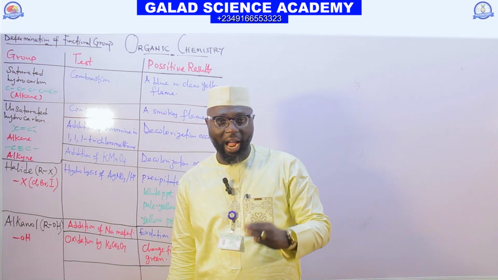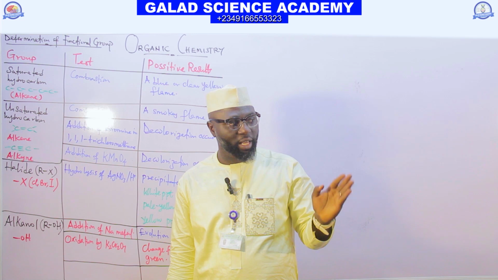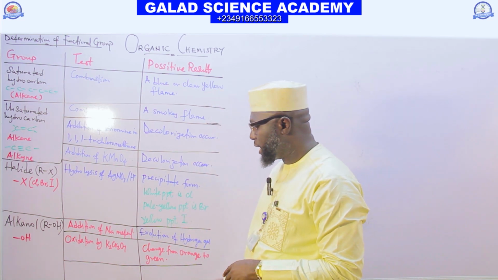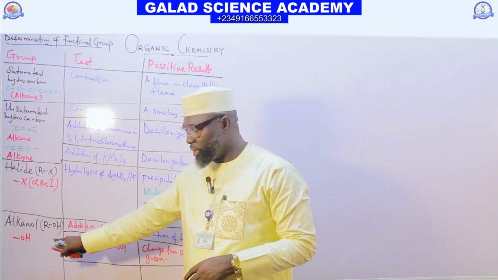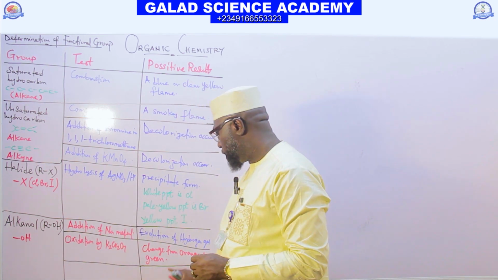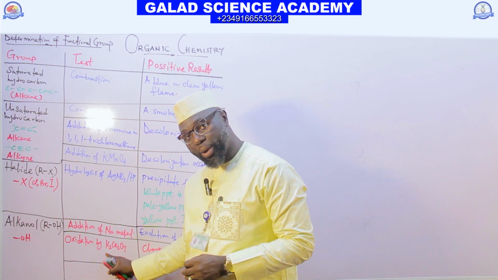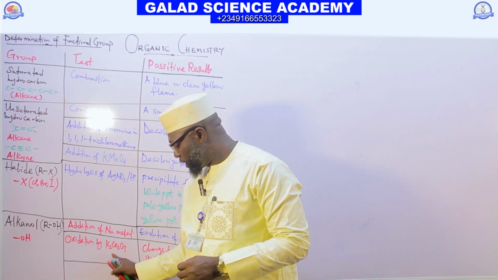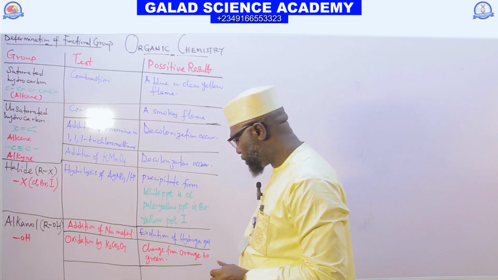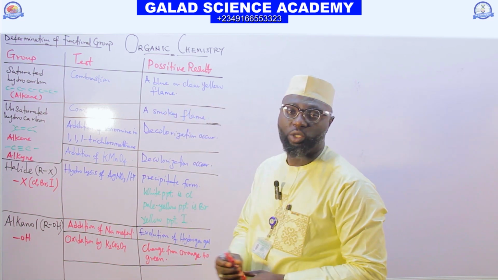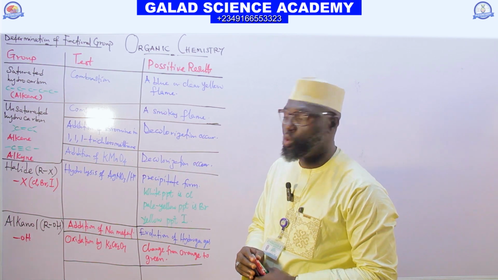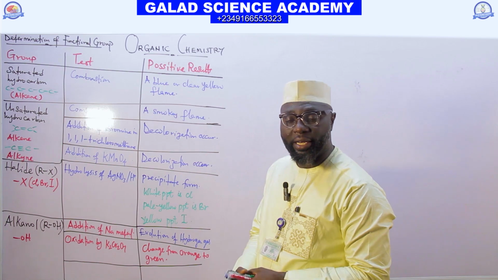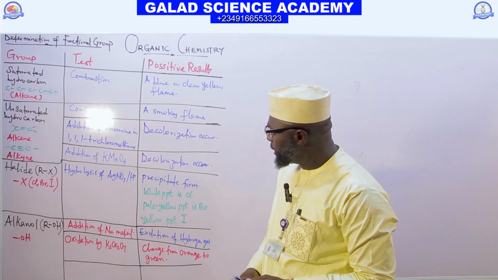The second stage, alkanal, will give us alkanoic acid. So when you oxidize alkanol by K2Cr2O7, the color is orange and it will change to green.